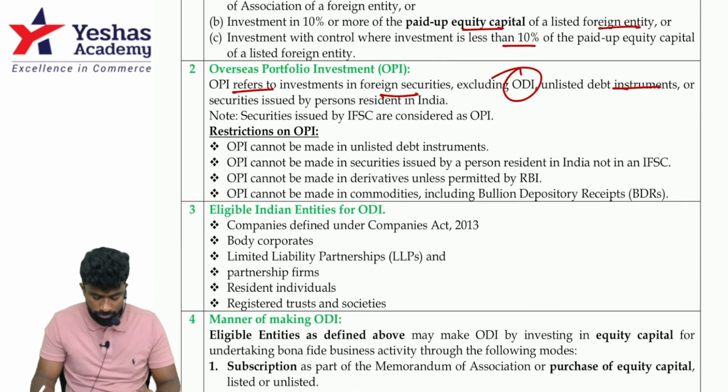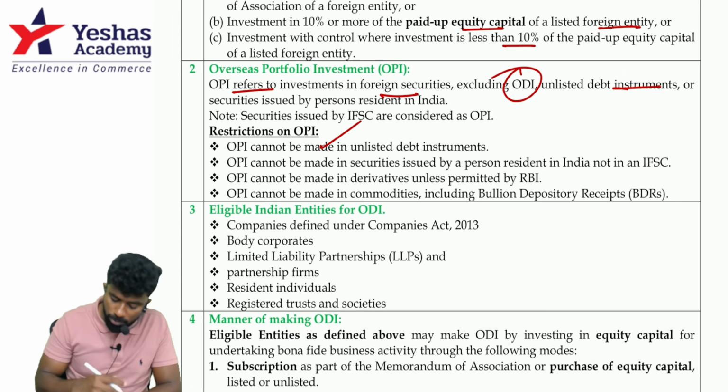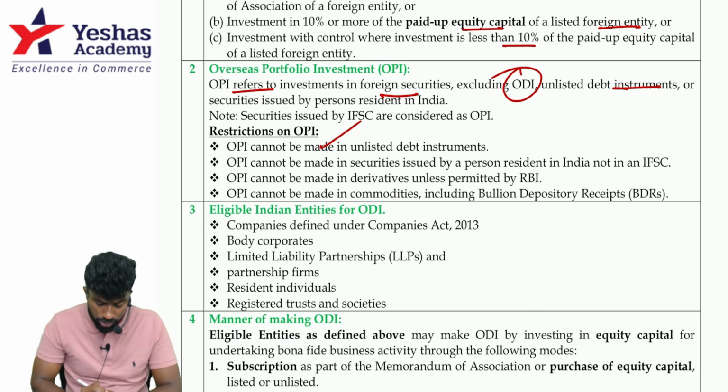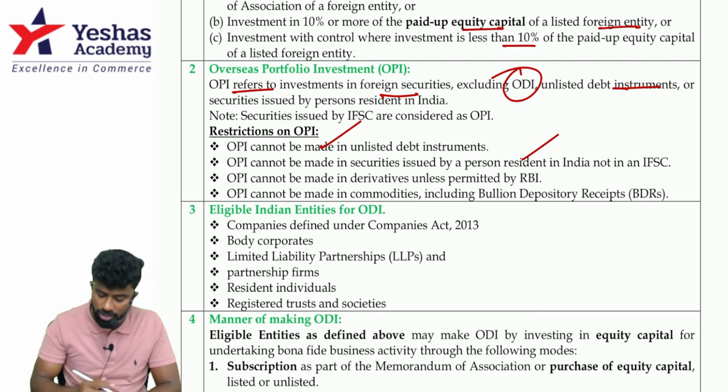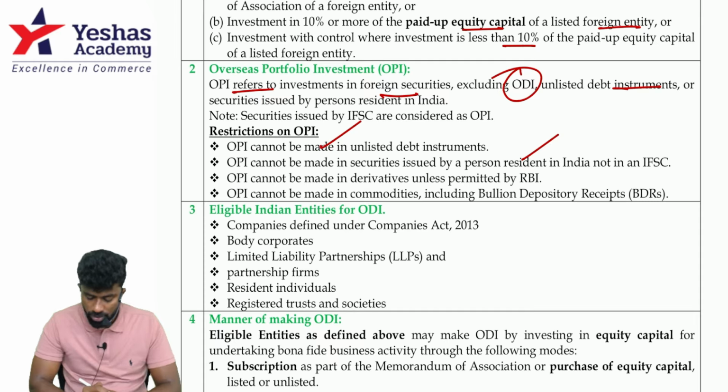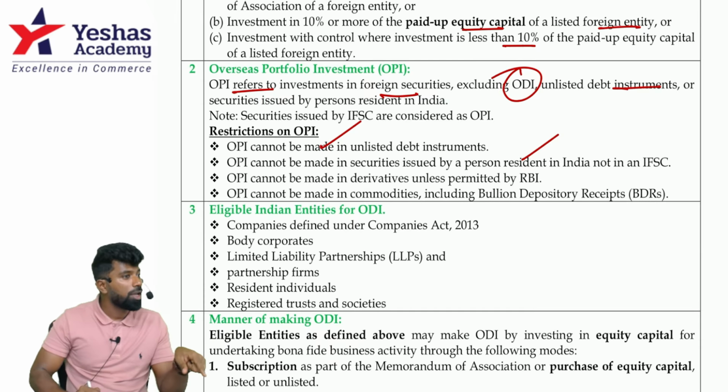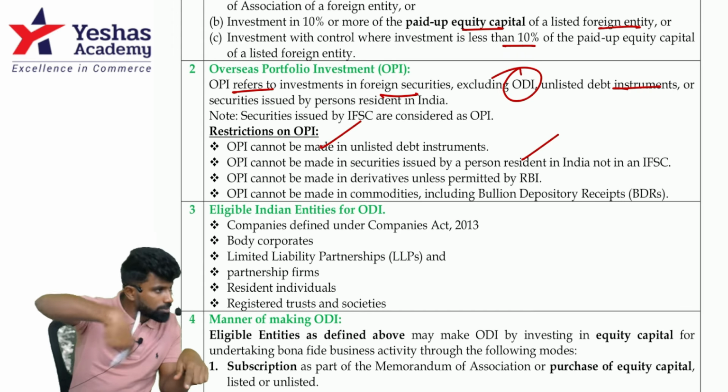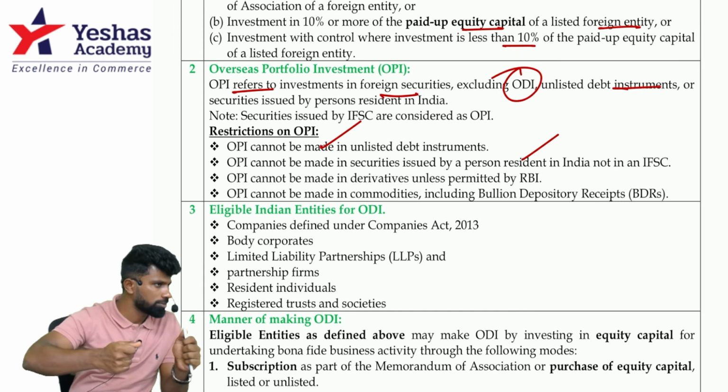Next one, restrictions on OPI. OPI cannot be made in unlisted debt instruments. OPI cannot be made in securities issued by a person resident in India, not in an IFSC.